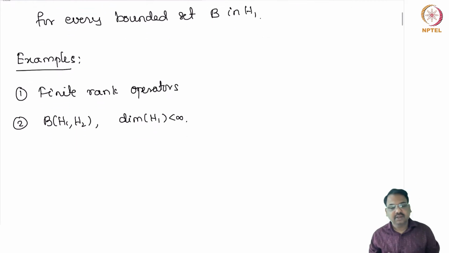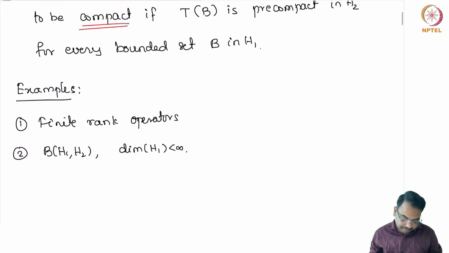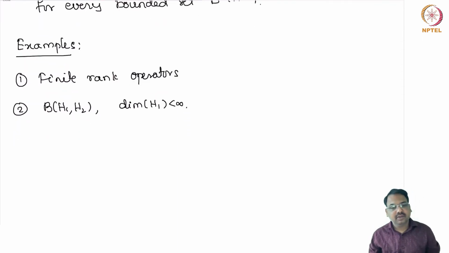Because when H1 is finite dimensional and T is a bounded operator from H1 into H2, range of T is anyway finite dimensional. Now by the earlier observation we can get the required property. So these are the examples for the time being.